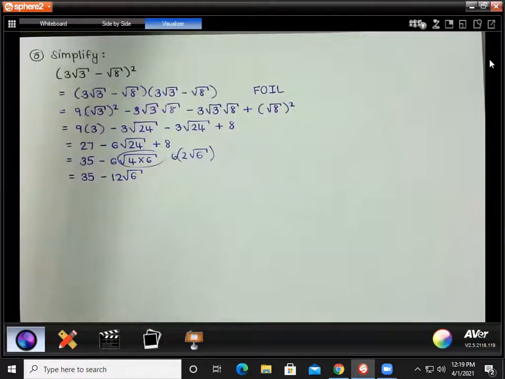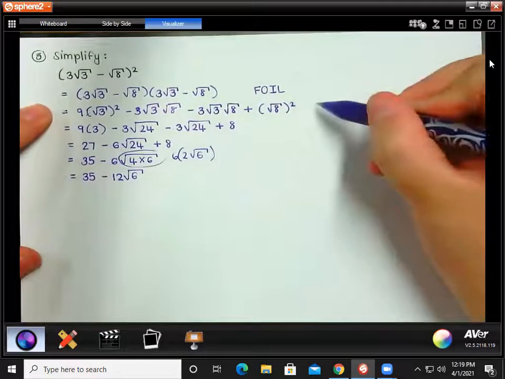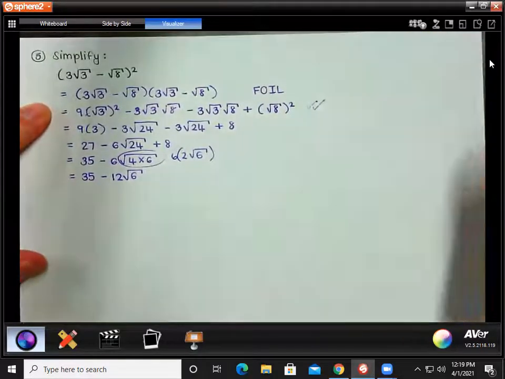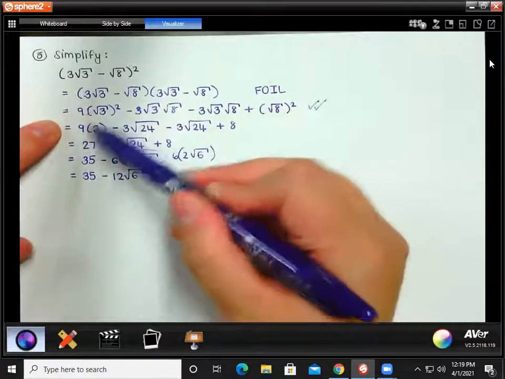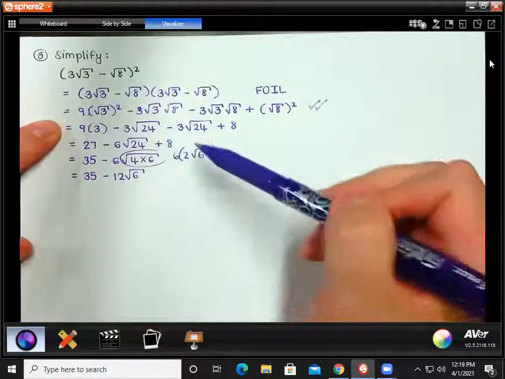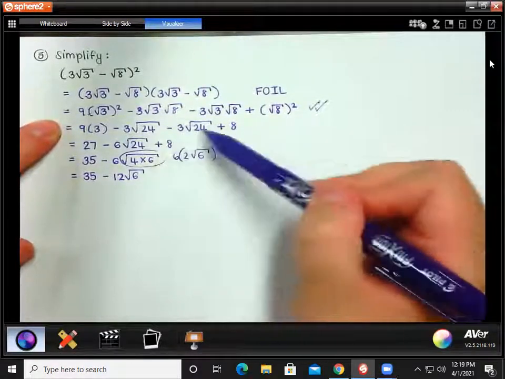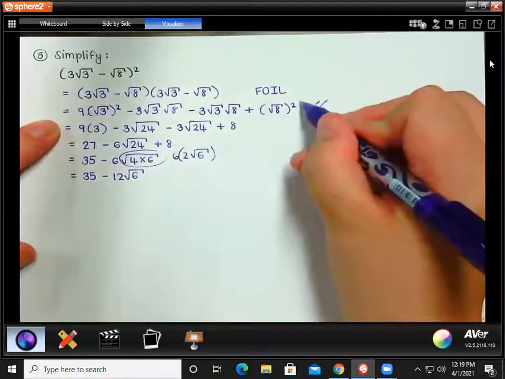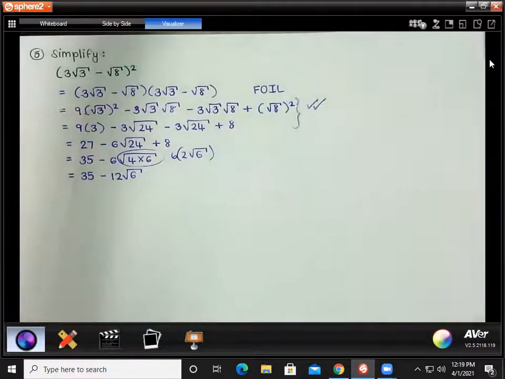So for this one, if you decided to write this line out, you would get 2 marks for that line, right? But you could technically skip this line. So you could have just written 9 times 3 instead of 9 times this whole thing. And you could have done the 3 times 8 immediately to get your 24, and you could have done this straight away. So it was 2 marks for either one of those 2 lines, just showing the actual multiplying out.